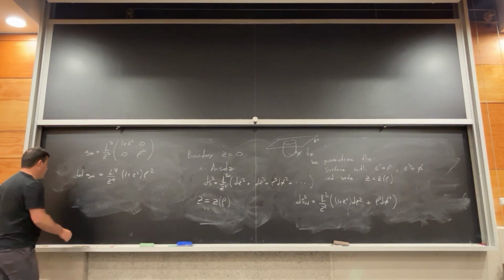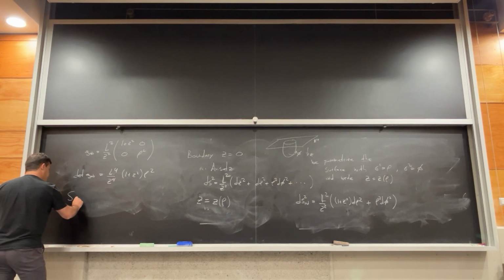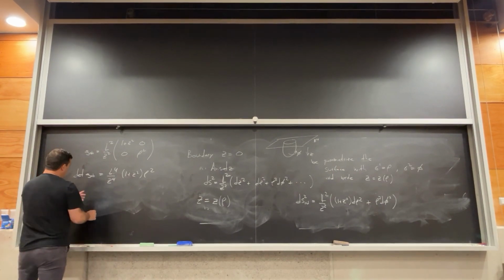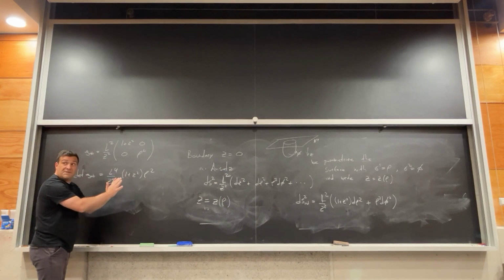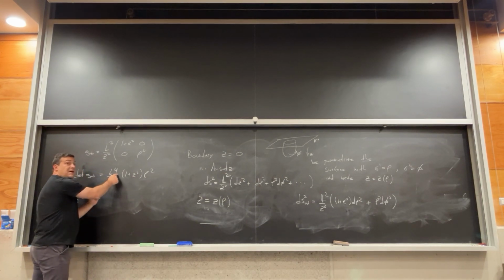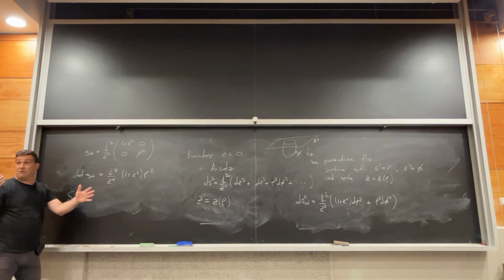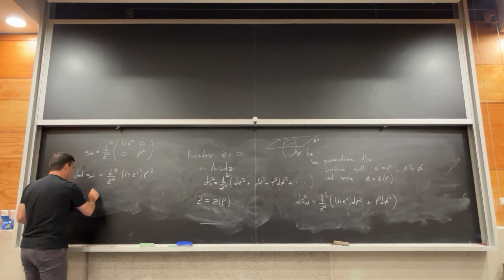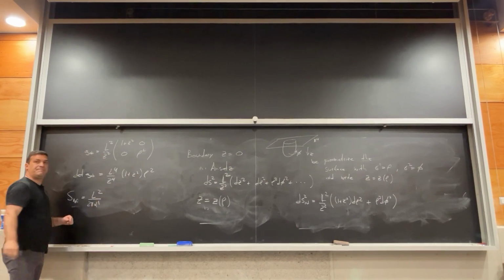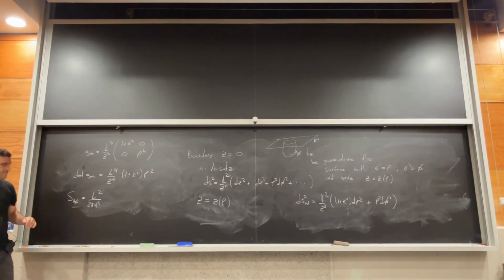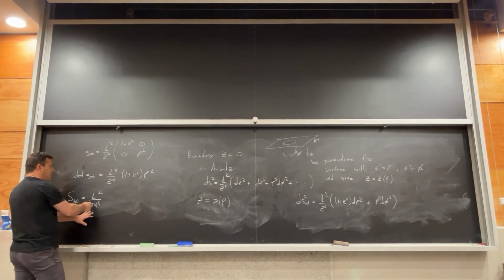Right? So what's my action? Notice now, what goes in the action is the square root of this. So there will be a factor of L squared that comes out of the action, right? So you get L squared over 2 pi alpha prime. It was there from the beginning. That was the string tension. The L squared came out.